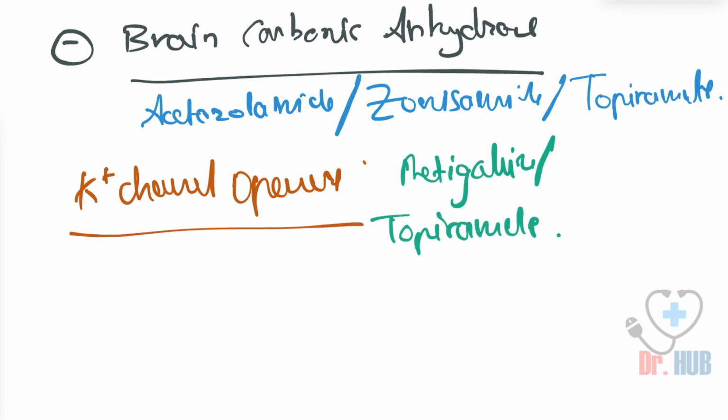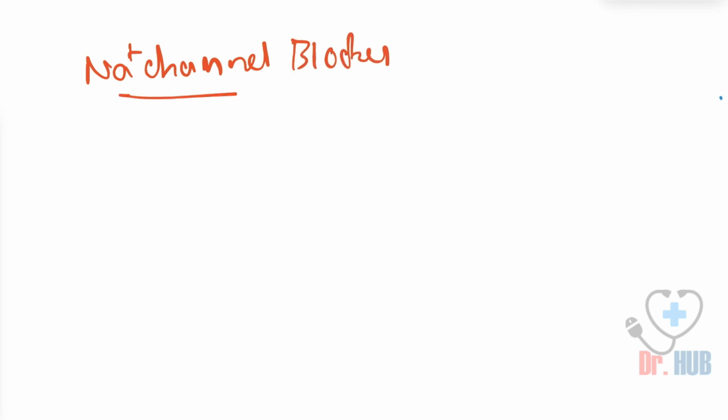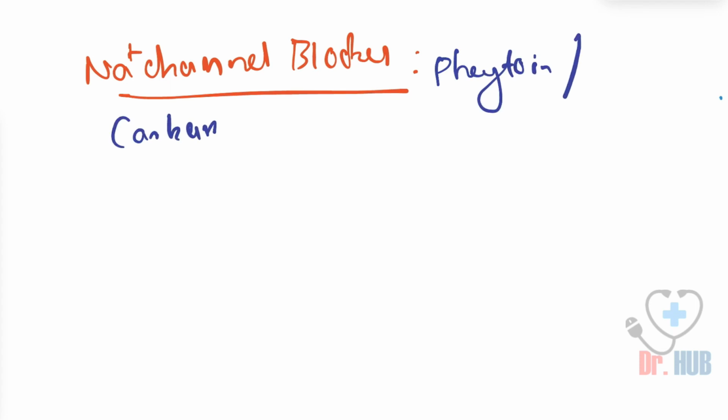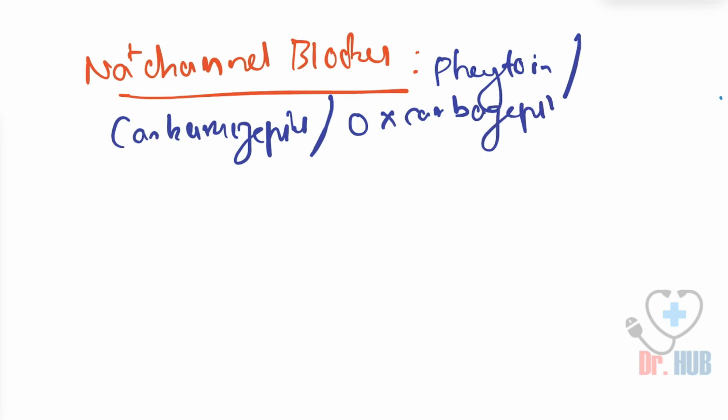So now we move on to answering our questions. The first question we asked was, name some sodium channel blockers which help in the anti-epileptic property. The sodium channel blockers include phenytoin, carbamazepine, oxcarbazepine, eslicarbazepine.